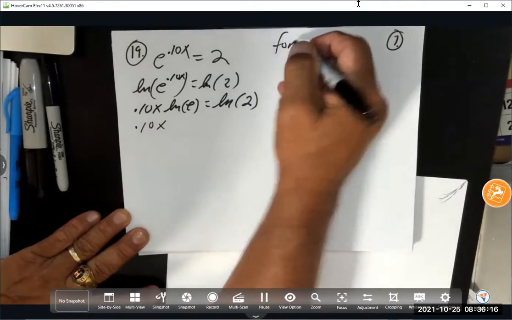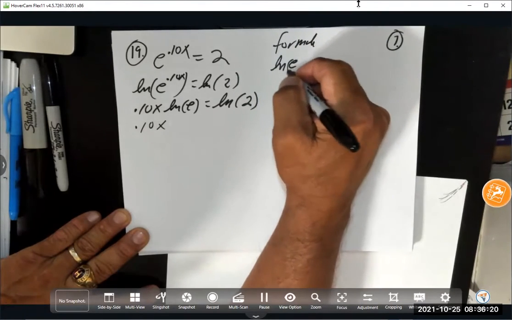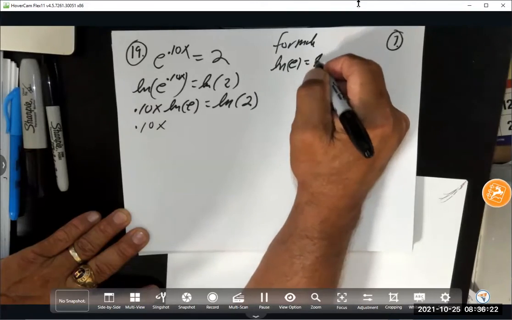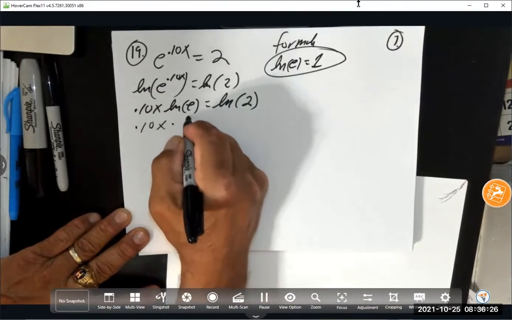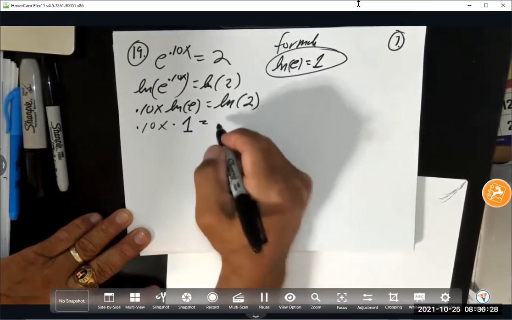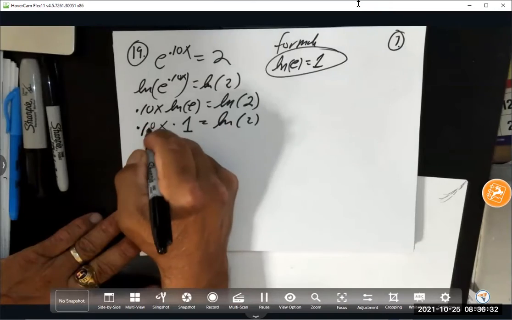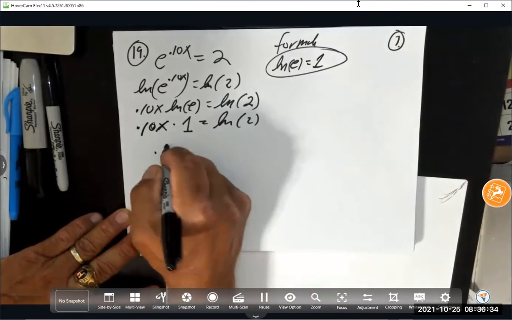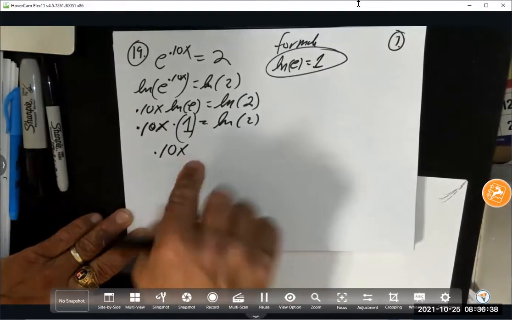The formula says if you have ln of e, anywhere you see that, you just put a 1. And there's one right there. So this is times the big 1 right here. Well, 1 times this 0.10x is just going to give me 0.10x. Does that make sense? You see that 1 times this is the same thing.